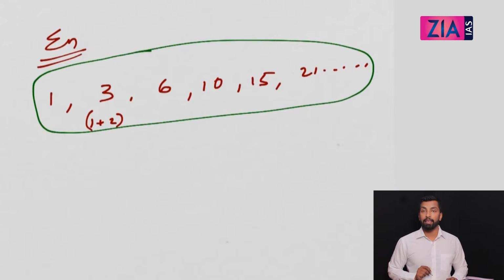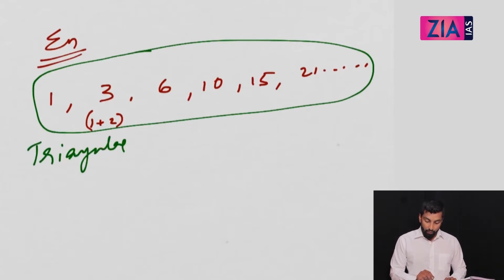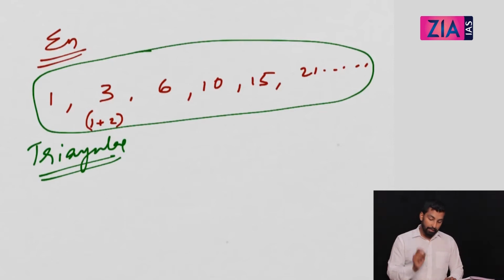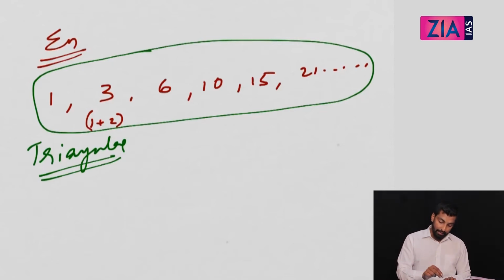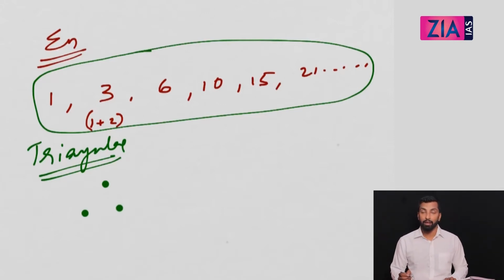We also call these numbers triangular numbers. We call them triangular numbers because you can represent these numbers as triangles. See, 3 you can represent like this, and you get a triangle, or you can represent it like this, which is a right angle triangle.